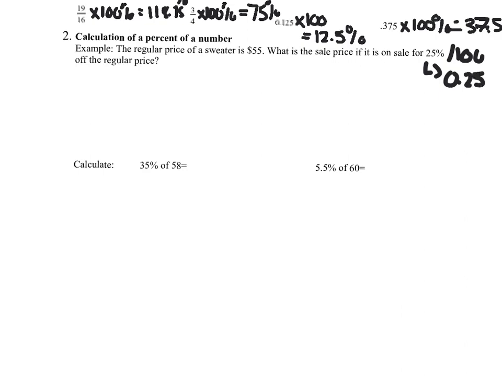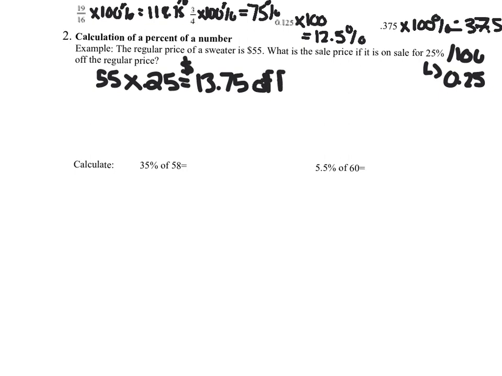So you can think of $55, and what's 25% of that? So when we do 55 times 0.25, we find out that 25% is $13.75. So that is the discount price off.